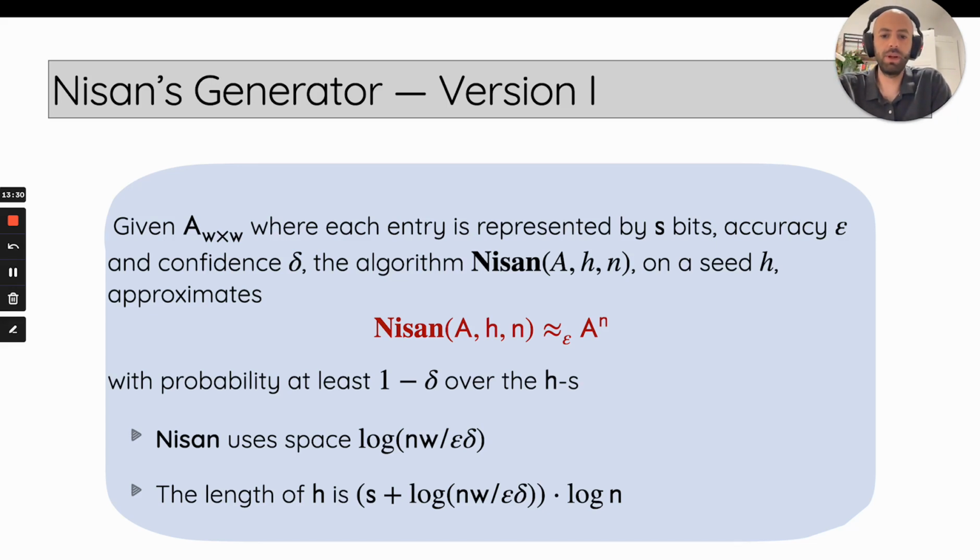So it's S plus log NW over epsilon delta times log n, which is too much for us. But we use it as a component.